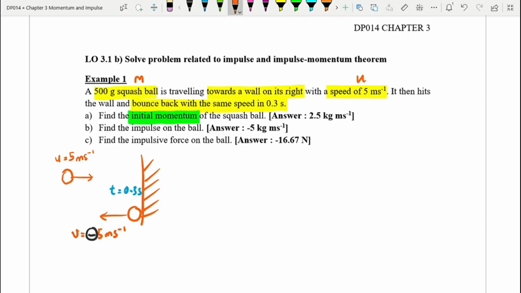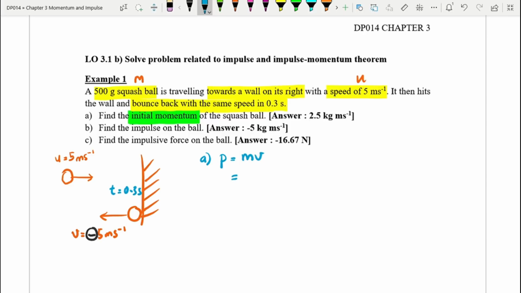Okay, so bila they mention initial momentum, obviously we need to use initial velocity. Okay, so the definition of momentum is mass times velocity. So we will be using the initial speed, which is 5, not the final speed.